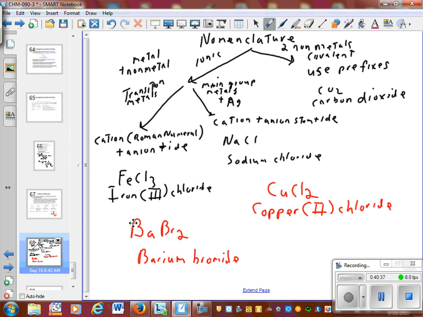Can we do another one? You can do a couple more. Two nonmetals are covalent, or a nonmetal and a metalloid.